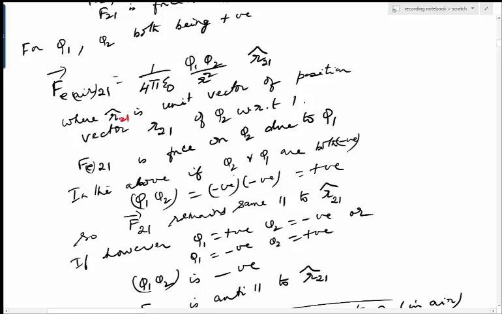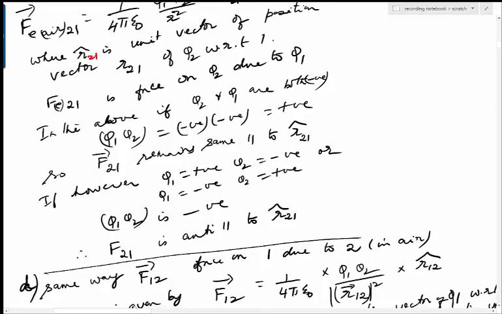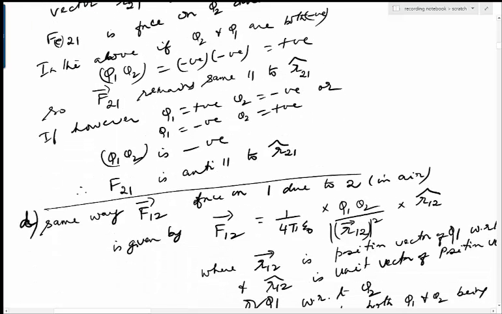In the above equation, if Q2 and Q1 are both negative, then Q1 Q2 will be minus into minus, which will still be positive, and F21 remains parallel to R cap 21. If, however, Q1 is positive and Q2 is negative, or Q1 is negative and Q2 is positive, Q1 Q2 will be negative. So F21 will be anti-parallel to R cap of 2 with respect to 1.